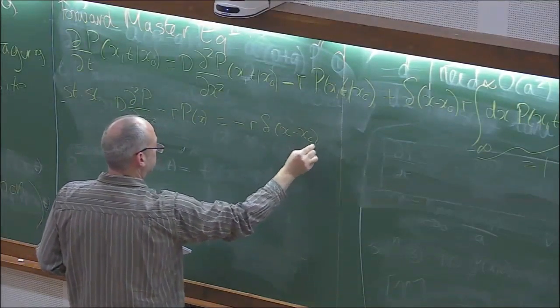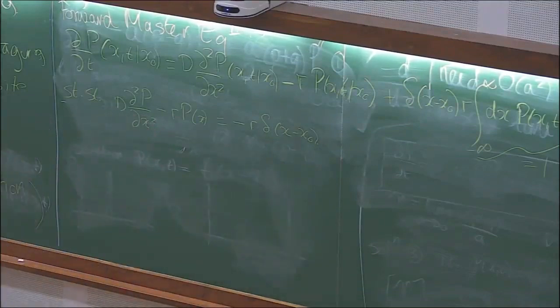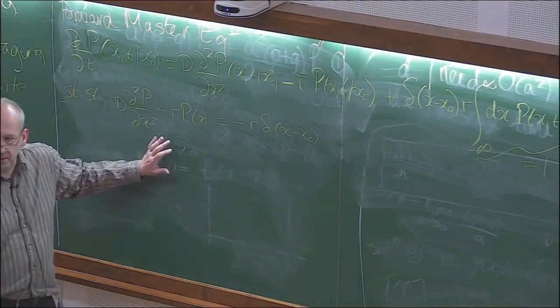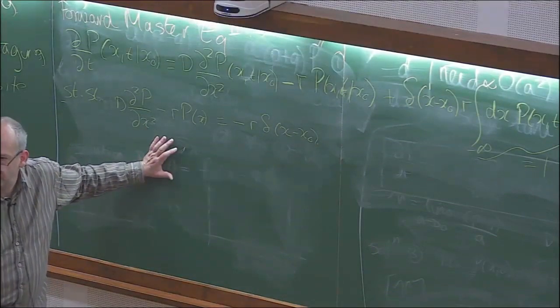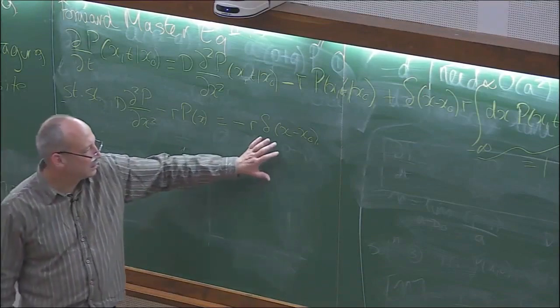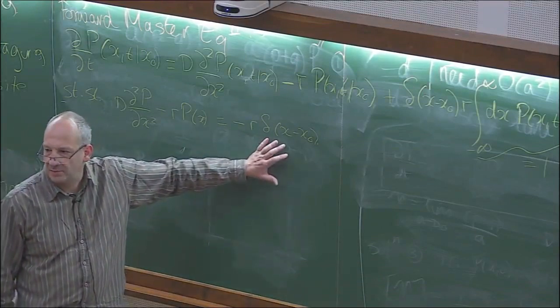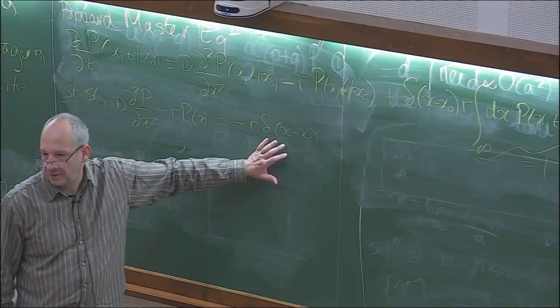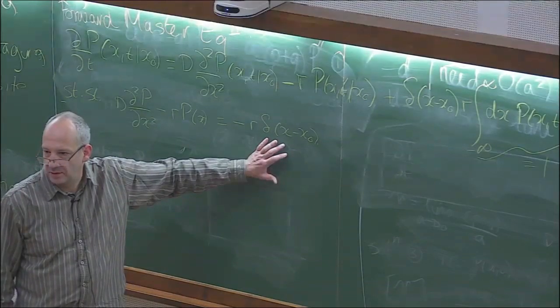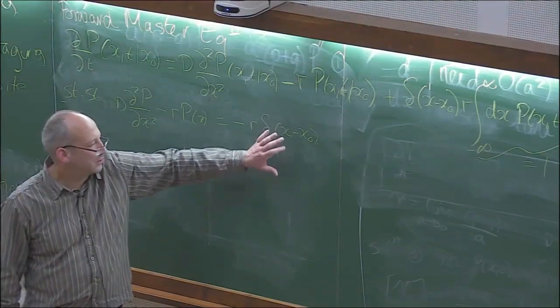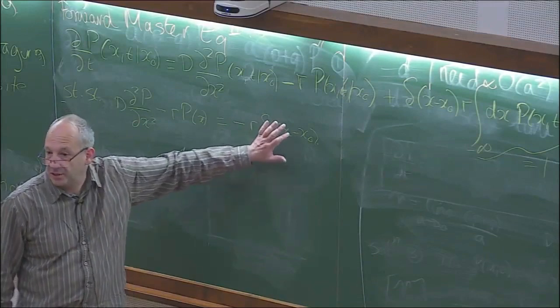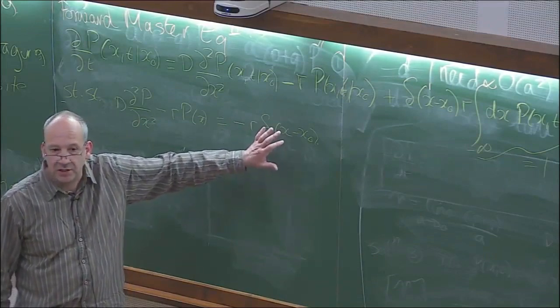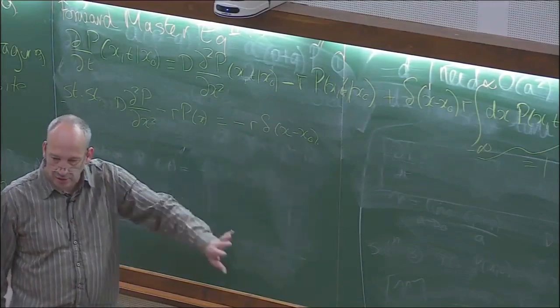Looking at the left-hand side, it's a simple second-order differential equation, so I should be able to solve this. My only worry is that we've got a delta function here, but actually there's nothing to worry about. If I'm away from the delta function, I just have 0, so it's just a homogeneous equation. Let's look at the homogeneous equation first and then sort out what happens at the delta function.